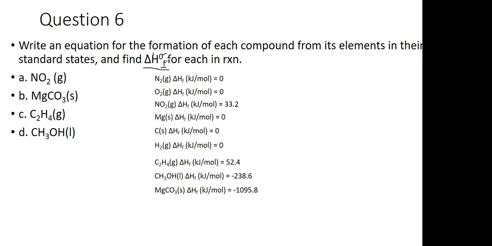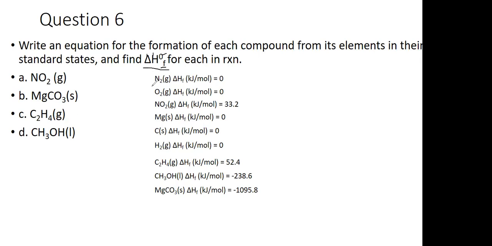So A, we want to know what the delta H of formation is for creating NO2. How much heat is absorbed or released when we create NO2? The first thing we need to do is write a chemical equation for the creation of NO2 from its elements in their standard states.